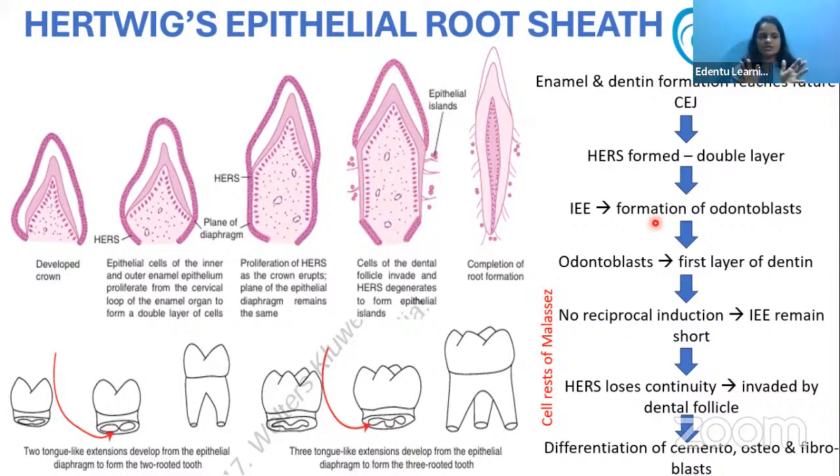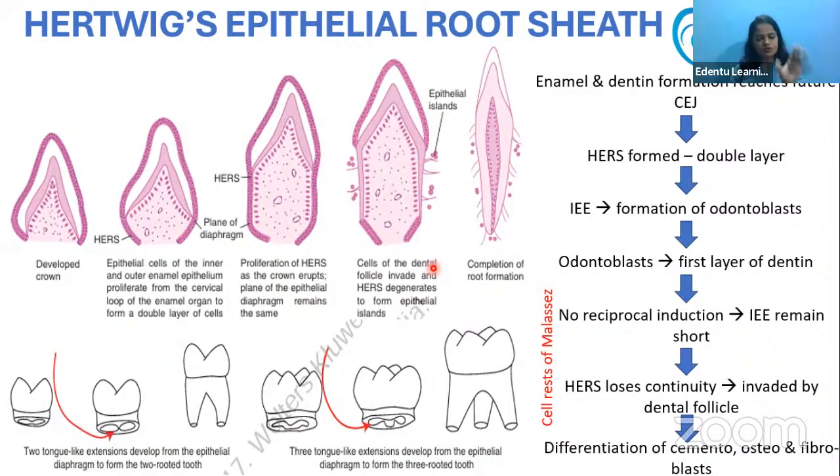Enamel and dentine formation is already happening in the crown area. When this enamel and dentine formation reaches the future cemento-enamel junction, then the root formation happens. So when it reaches the future cemento-enamel junction, we will see the formation of the root.